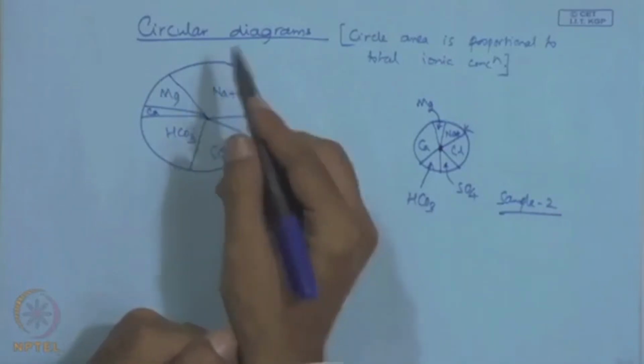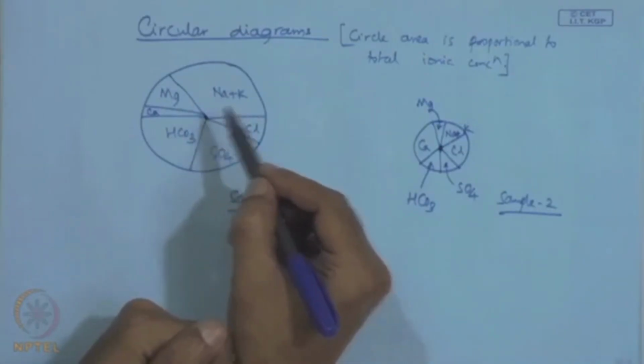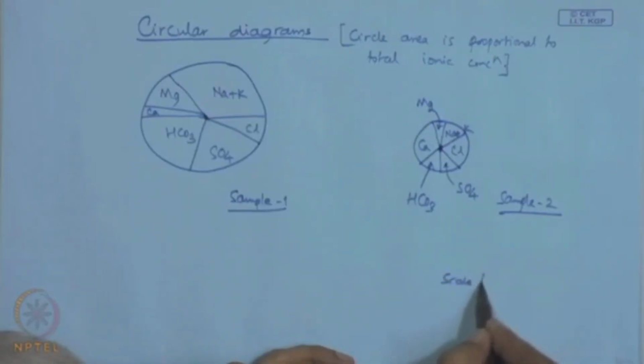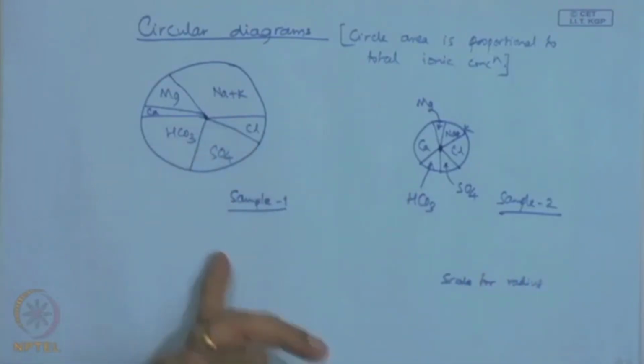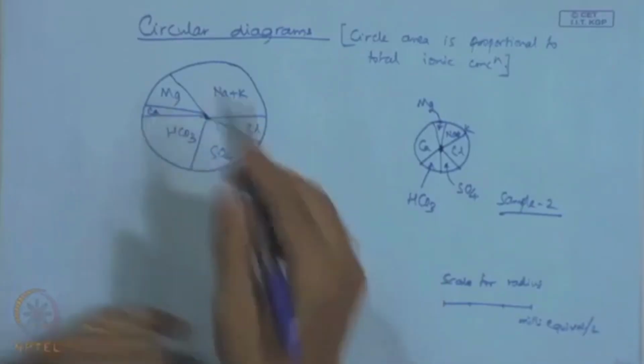Like this, using these circular diagrams, which are essentially pie charts, of course there is a scale for radius, because the area of the circle varies as the radius. So therefore there is a scale in milli equivalent per liter. So this is a circular diagram.